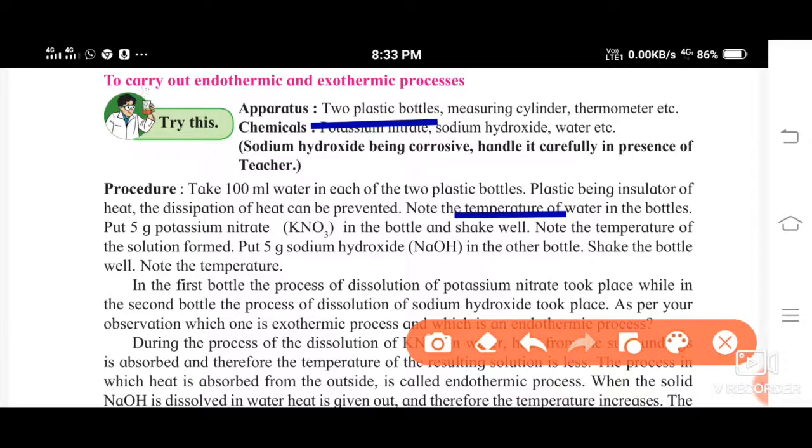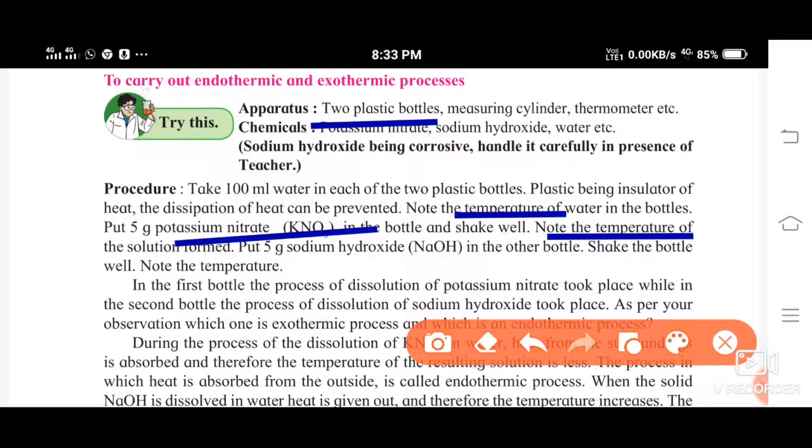Then add 5 grams of potassium nitrate to the bottle and shake it. Now note the temperature of the solution formed.